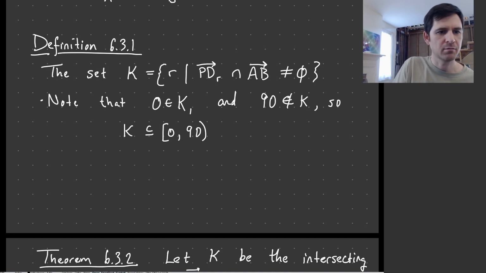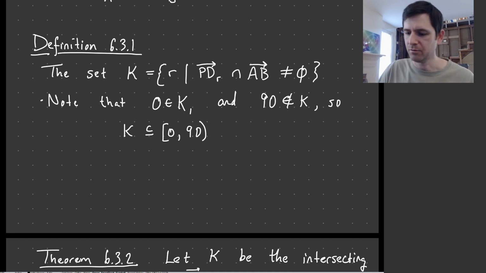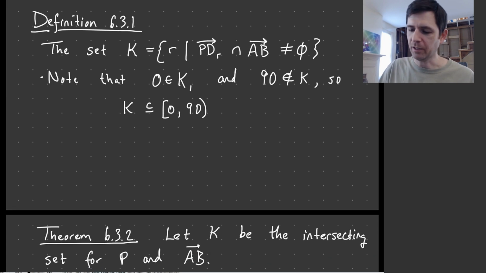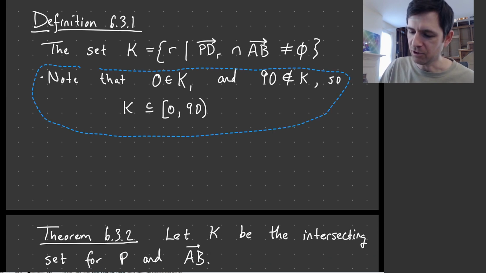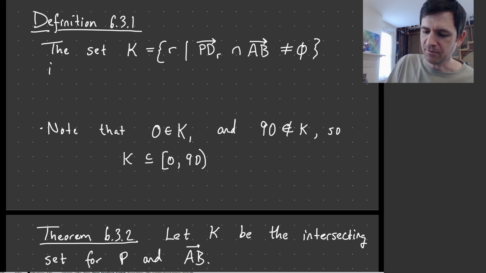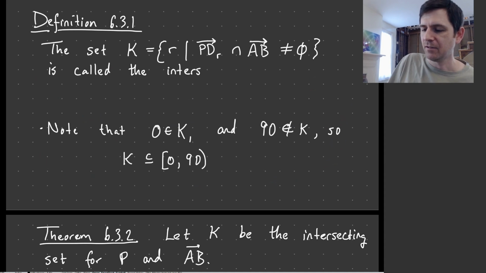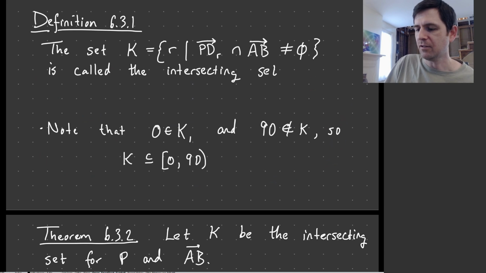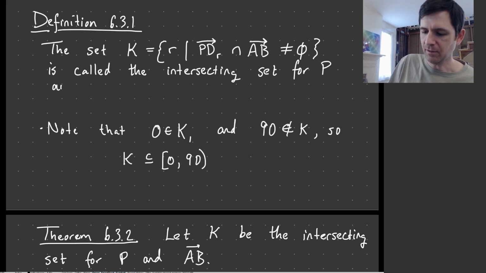Oh, did I not? Oh, shoot. Sorry. Let me go back to here. I did not finish this definition. I got distracted by my note here. So the set K, the rest of this is called the intersecting set for P and AB.